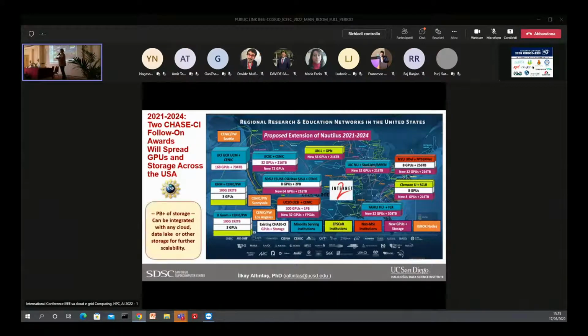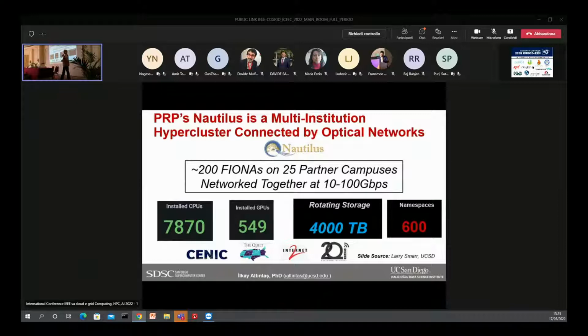So when we look at all of this, it's actually more than petabytes, actually 4 petabytes of storage available through this and many GPU nodes. But since Ceph and Kubernetes and other things were added to it, it's cloud compatible, so we can integrate any commercial cloud data lake functionality or other storage scalability through the integration of those, pooling further.